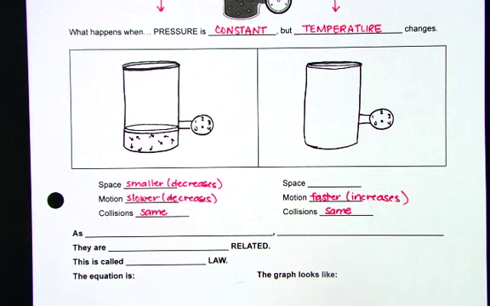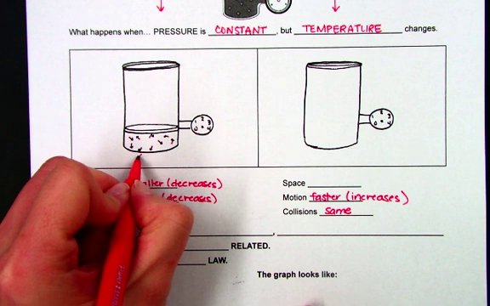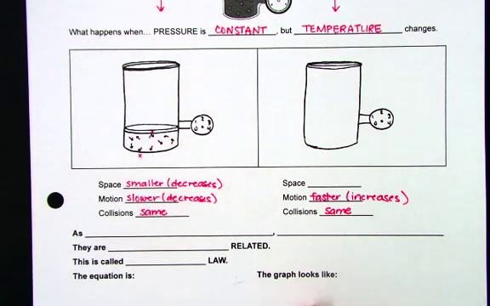Right? And I draw little arrows with X's for my collisions, right? 2 collisions in that side.